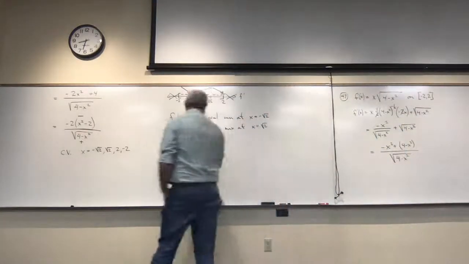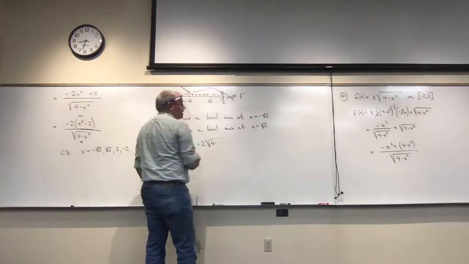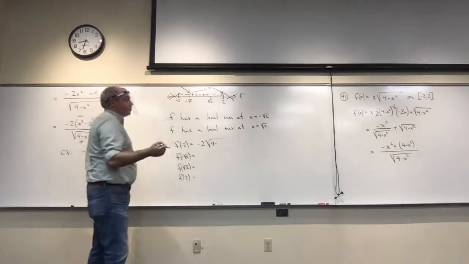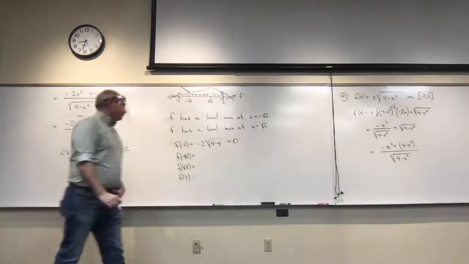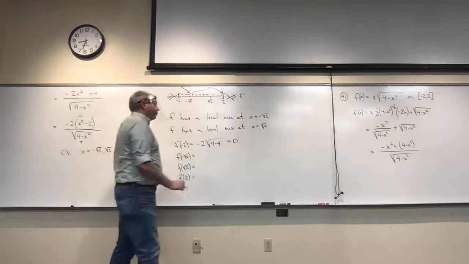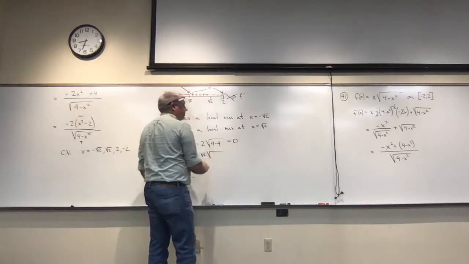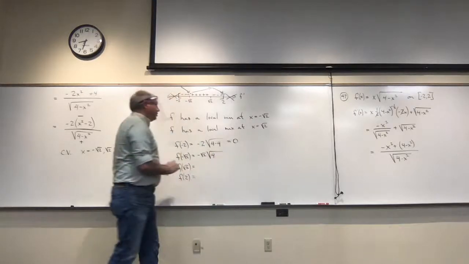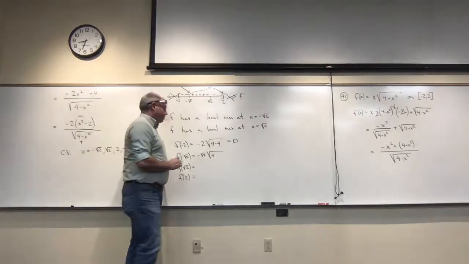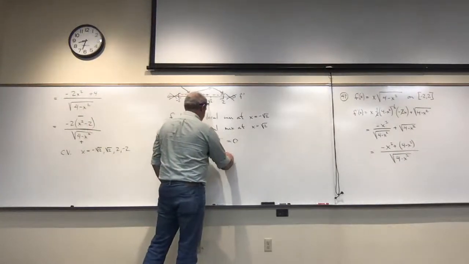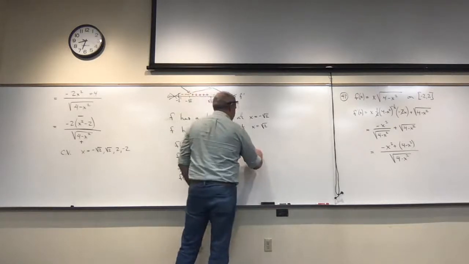It is -2 times the square root of 4 minus -2 squared, which is 4. So this is 4 minus 4, that's 0. F of -√2 would be -√2 times the square root of 4 minus the negative square root of 2 squared, which is 2. So 4 minus 2. So this is -√2 times √2, which is -2.